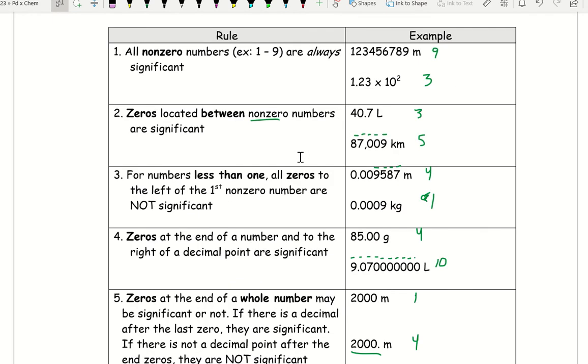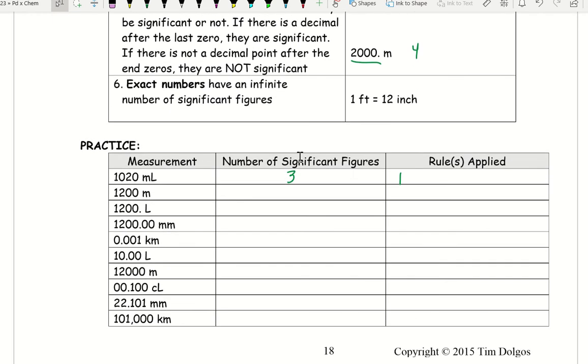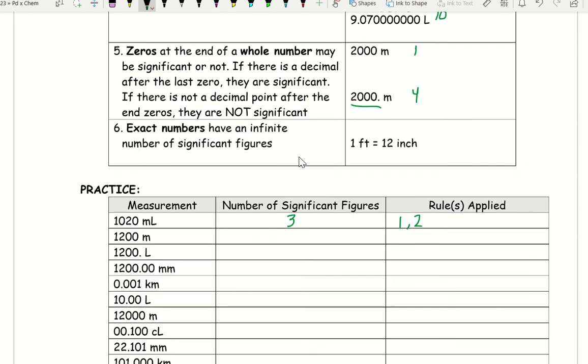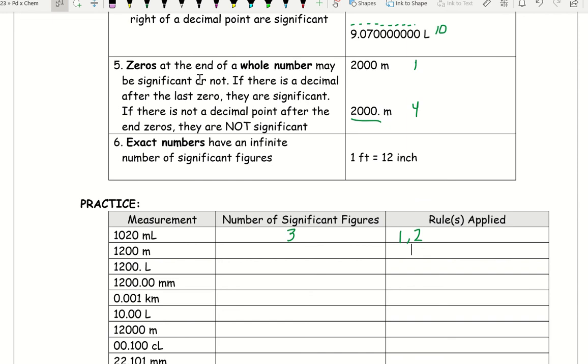We use rule 1, non-zero numbers are always significant, so we're always using 1. But we also use rule 2 here. And then rule 5, that zeros at the end of a whole number may be significant or not. If there's a decimal, they are, and if there's not, it's not significant. No decimal, so we had to use rule 5 to figure that out.